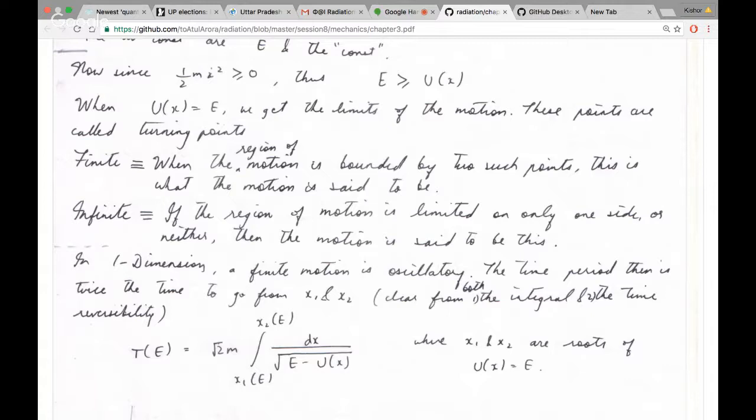Right? No, that I didn't see. From this expression that time is given as the integral from x1 to x2 of dx, which doesn't have any time dependence, I could understand, but I did not understand the time reversibility argument. Yeah. So time reversibility means you change t to minus t. So x of t will go to x of minus t.